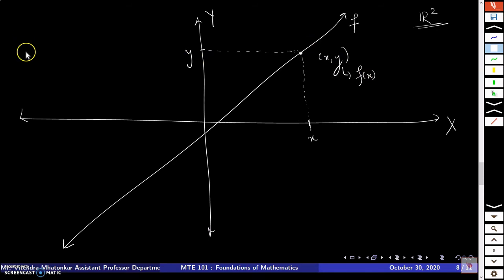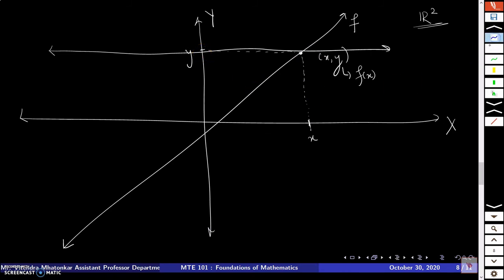Right? So I can say if I pick up any horizontal line now, it should pass through the graph, or it should touch the graph at at least one point for the function to be onto. Only if that line touches the graph will I get the corresponding point in the set x which is mapped to the point y. Right?